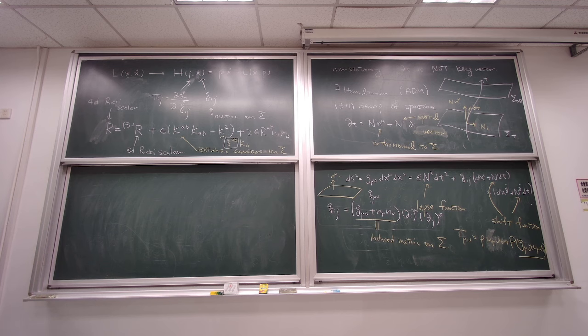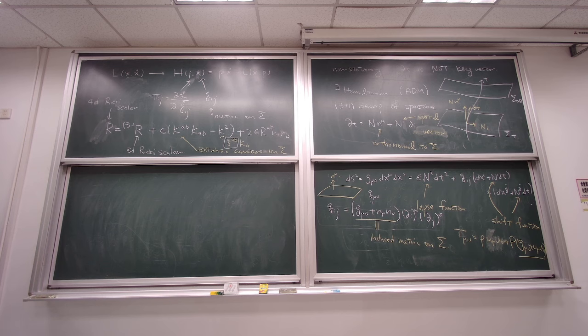So now, what we did is a tedious manipulation. What we did is as follows. First, we just decompose the space-time, 4D space-time, into 3 plus 1 dimension. Okay, 3 plus 1 decomposition, and this is the parameter n mu, and this is parameter n I, the lapse function.